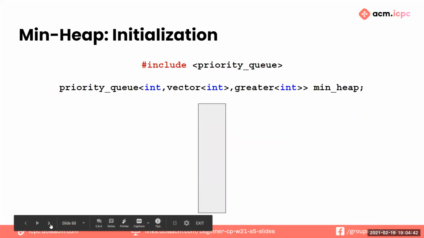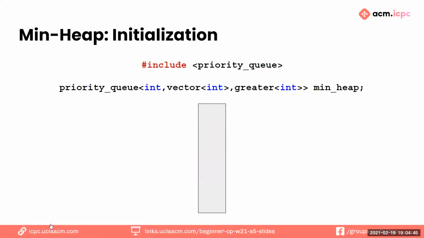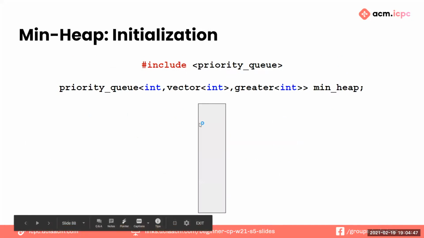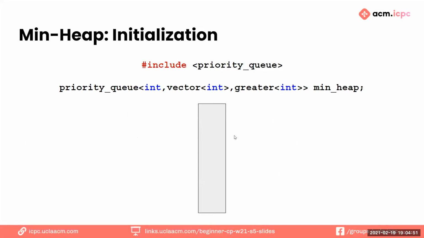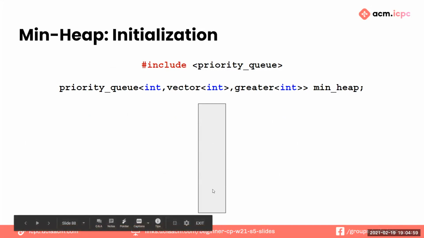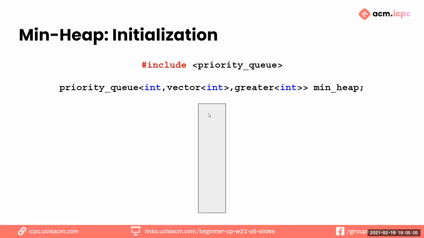A min heap is a specific type of priority queue, and a priority queue is very similar to a queue, where you push elements onto the queue and then pop from it.